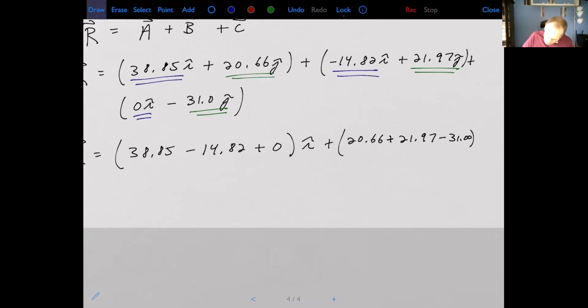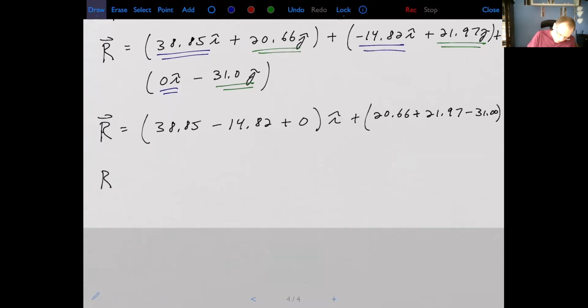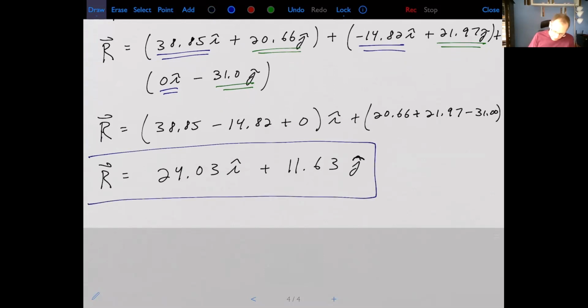And this is j hat. So then that leads to, if you do this out on your calculator, you're going to find that this is 24.03 i hat and then plus 11.63 j hat. So that's our resultant vector, right? That's our sum of those three vectors in terms of its components.